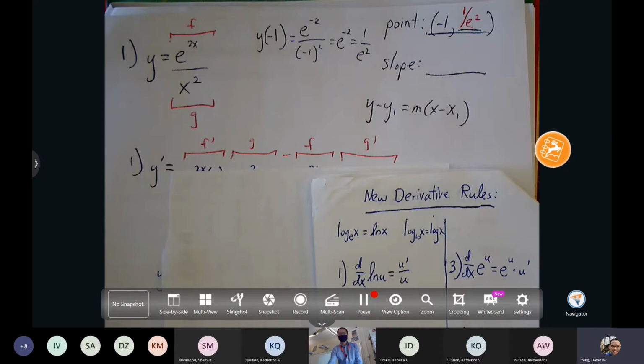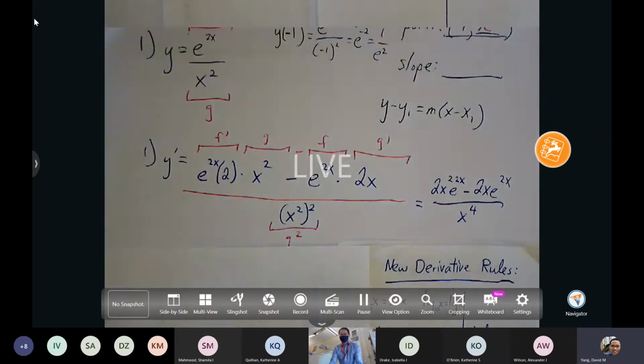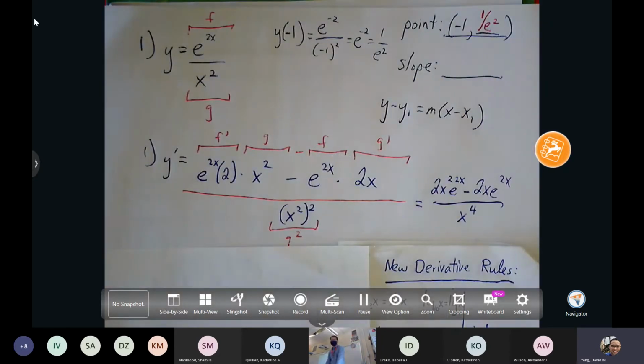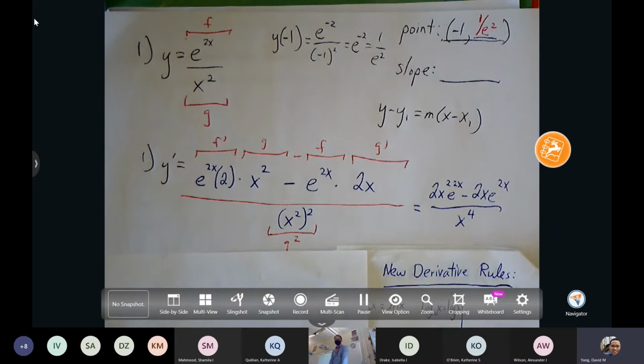Okay, so here's my derivative function. f prime times g minus f g prime, all over g squared. I cleaned up my derivative a little bit, and then from here, I can involve -1, right? Plug -1 into the derivative, and that's going to get me down to a numeric value, and that's going to represent the slope.